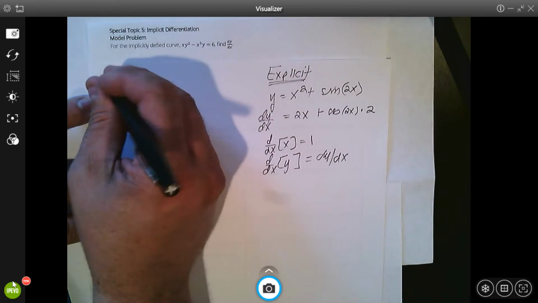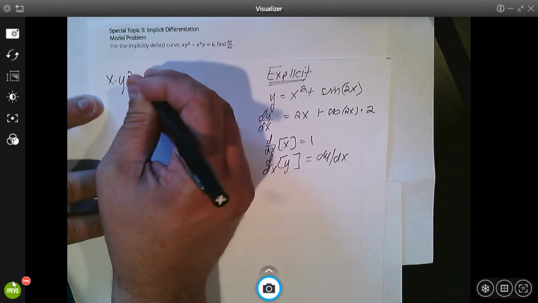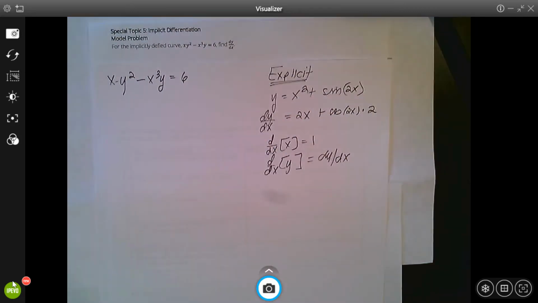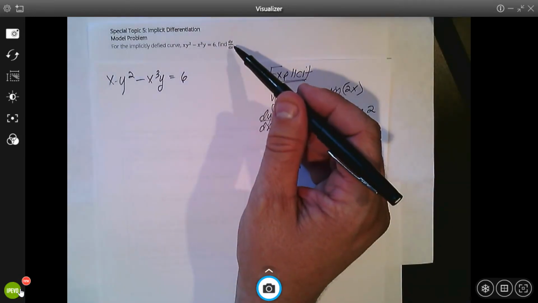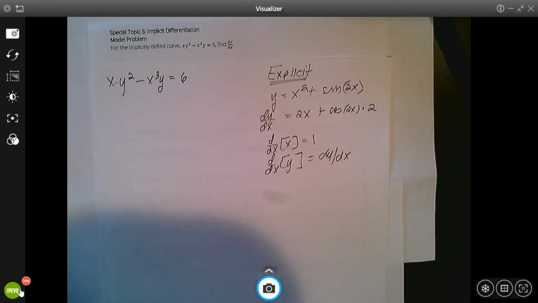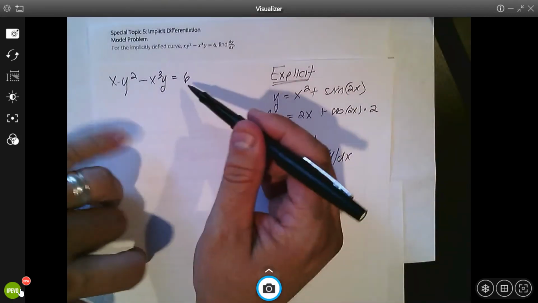Because what you're going to see in this first problem, we have x times y squared minus x cubed y is equal to 6. And what we want to do is we want to find dy dx. We want to find the derivative of y with respect to x. Now, some teachers are going to tell their students that what they have to do is solve this equation for y.